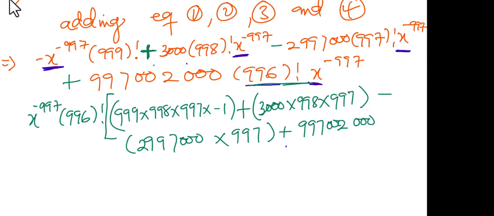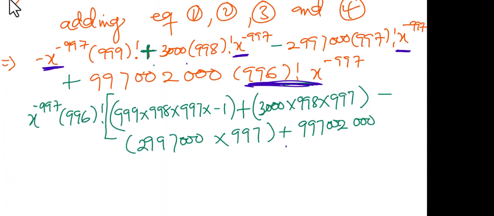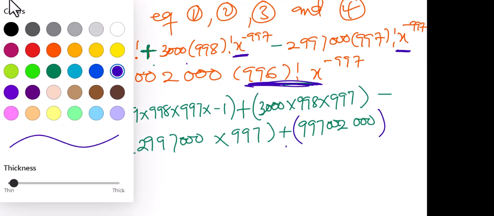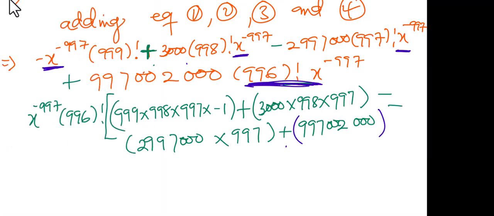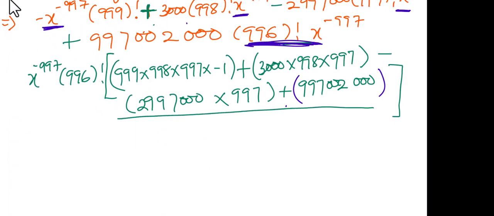Already we've taken these out, so it will just be left with this number, which is here. So this will close the bracket. Now doing all this, putting it in your calculator, we will have x power negative 997 times 996 factorial. Everything inside is 6. If you do everything inside there, it is 6.